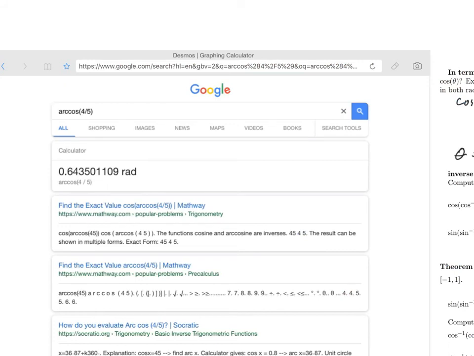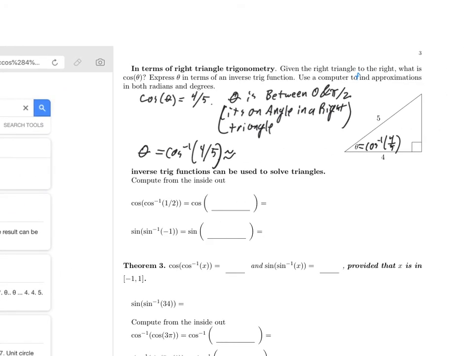I have elected to use the Google calculator, and it is telling me that inverse cosine of 4/5 is approximately 0.64 radians. And when you don't specify a unit next to something that's an angle, I'll assume it's in radians.